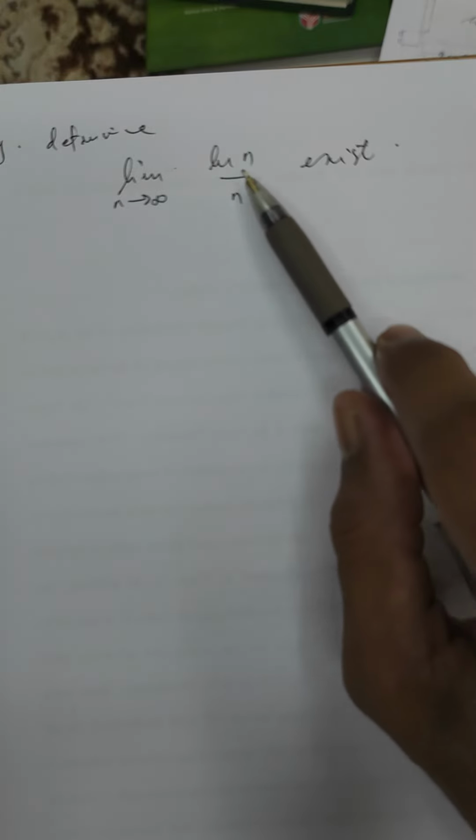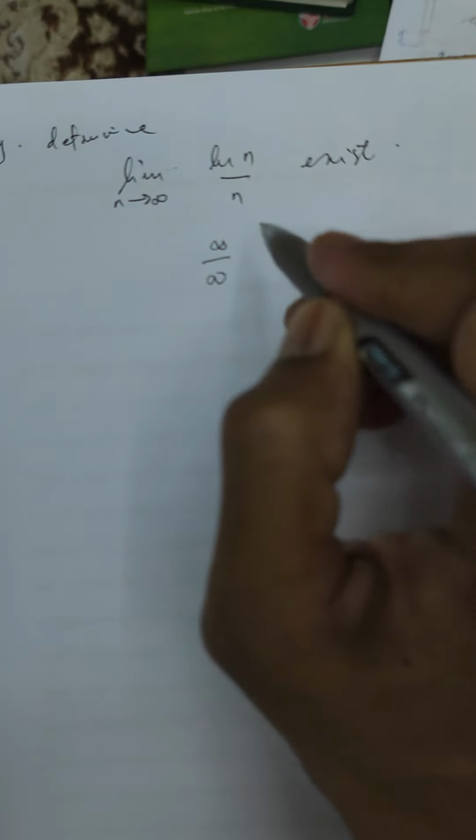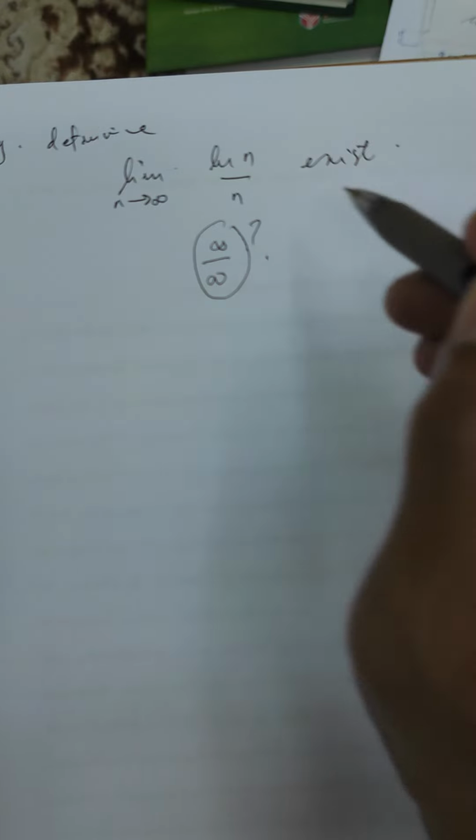Now, if you look at this expression, this sequence, as n goes to infinity, the denominator as well as the numerator go to infinity, so we have the form of infinity over infinity. What is this? It is undefined, yes, but what is this?